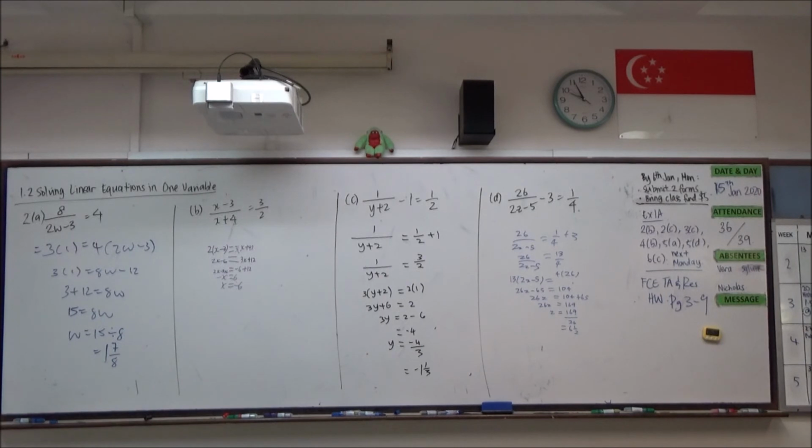Okay, so for 2A, right, I have an issue in the working that is being presented over here. Wait, let me check the answer first. Okay, I have a very big issue with this. Why is it 3 times 1?